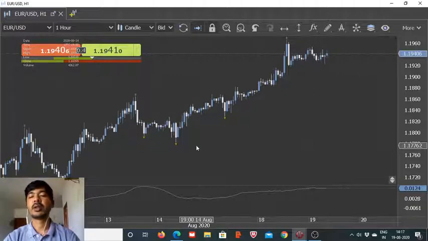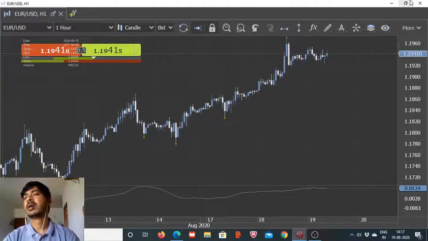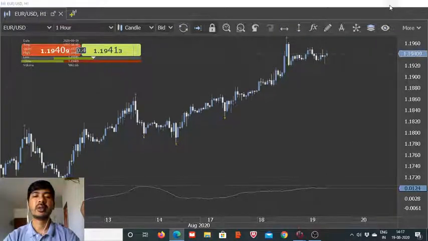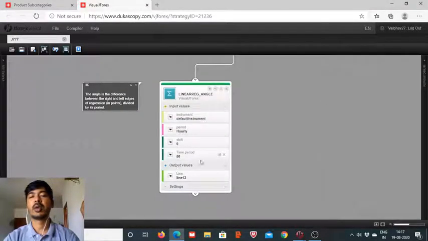So we can use this linear regression angle fairly well, and in multiple ways we can do the comparison, or we can try to get involved whenever the fresh trend initiation is there. So that way we can deploy this linear regression indicator block with the customized input values, and depending on the customization of these input values we get the output values.